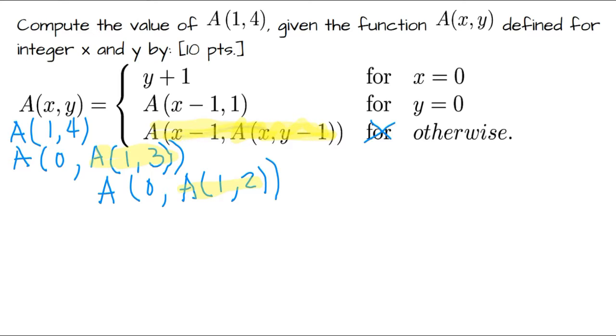This function will again apply the third case. So the third case is minus 1, so this will become A(0, A(1, 1)), and then y minus 1.